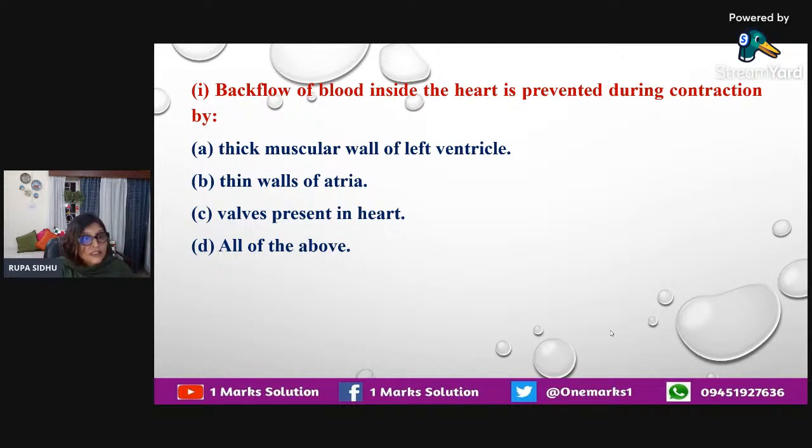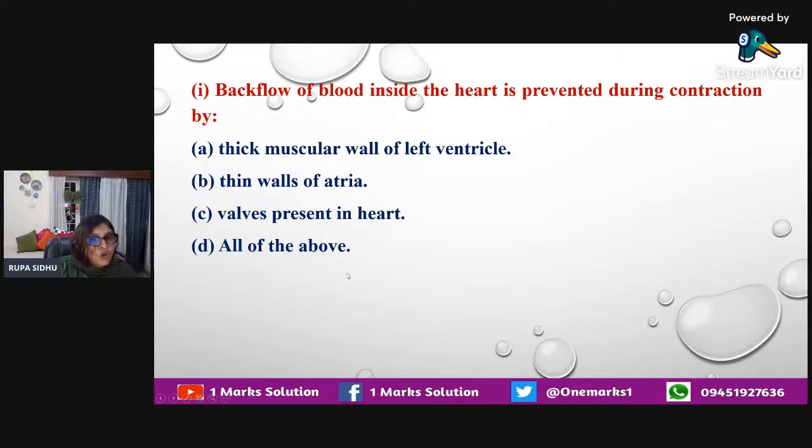So it is very necessary that the blood does not flow backwards. So what is present in the heart which prevents this backflow of blood? Is it the thick muscular wall of the left ventricle? Is it the thin walls of atria, walls present in the heart, or all of the above?